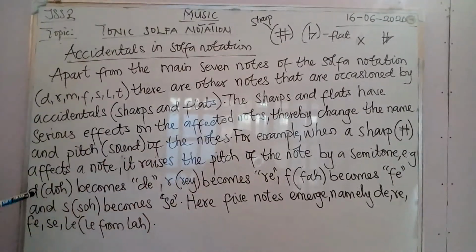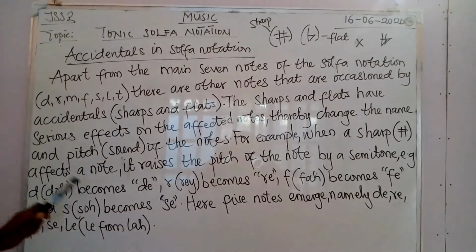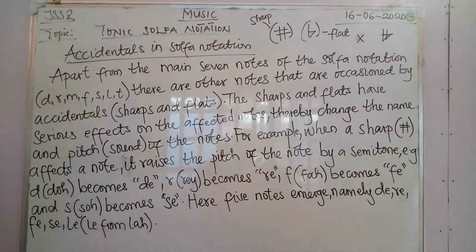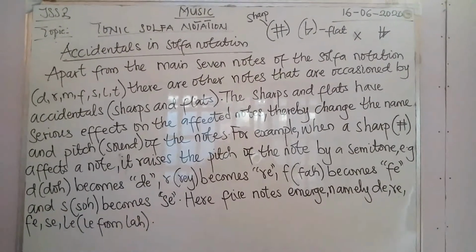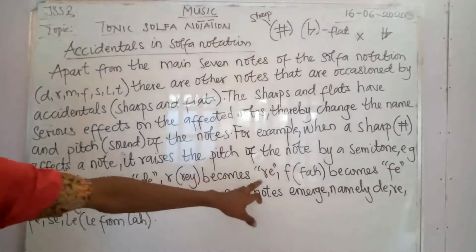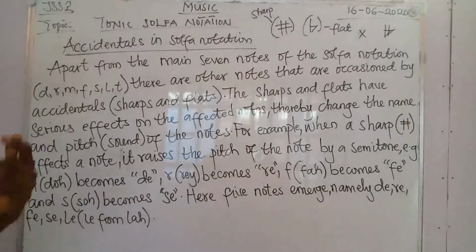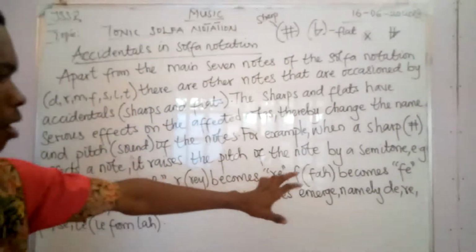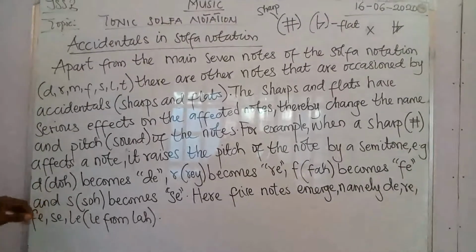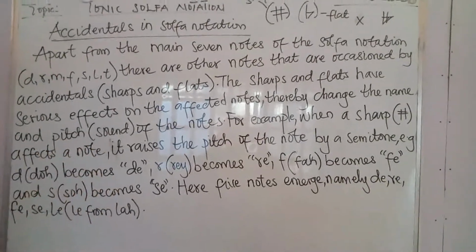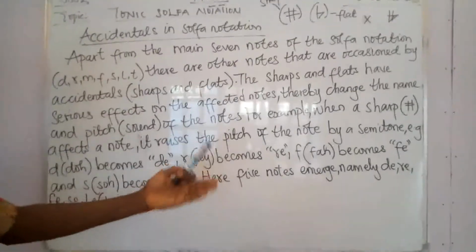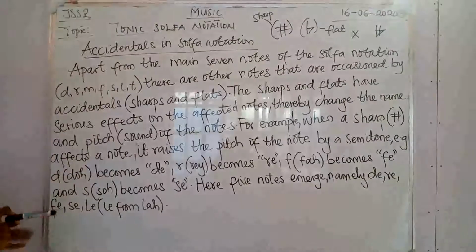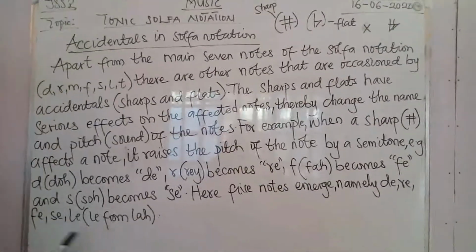Example, Do becomes Di. You sharpen the Do and it becomes Di. Then Re becomes Ri, Fa becomes Fi, and Sol becomes Si. Now here 5 notes emerge. We have Di, Ri, Fi, Si, and Li. Now we get Li from La.